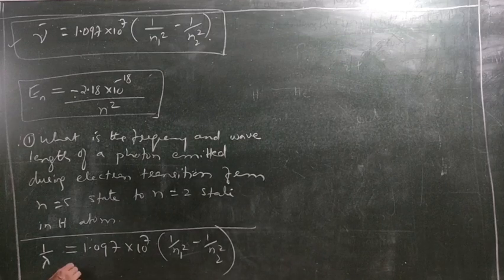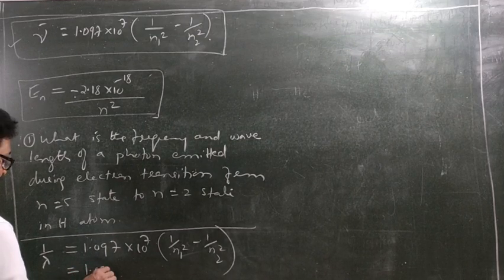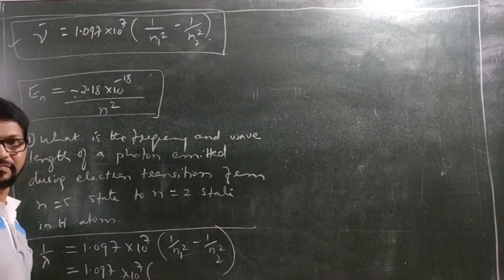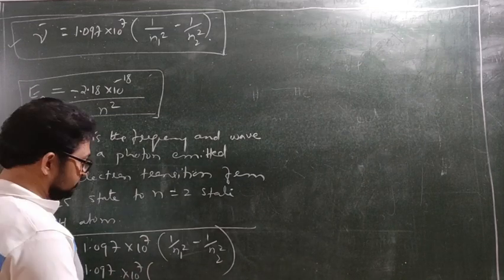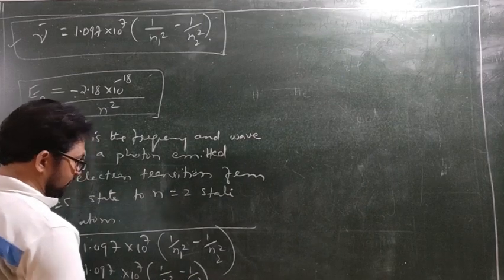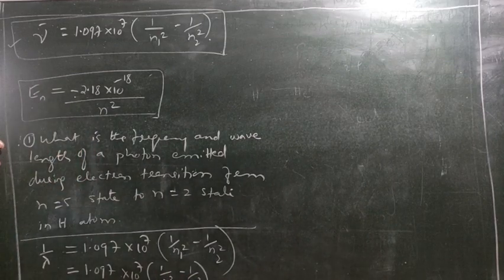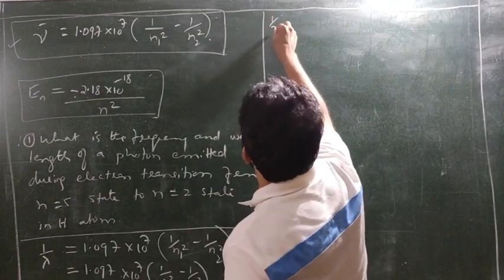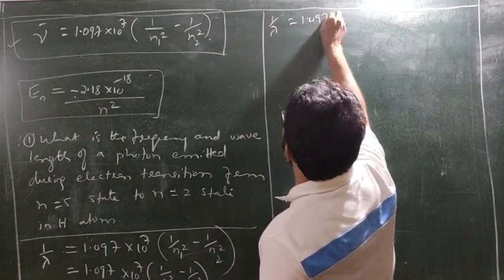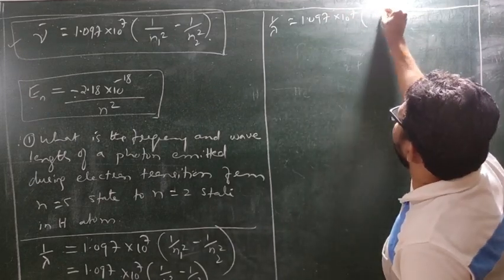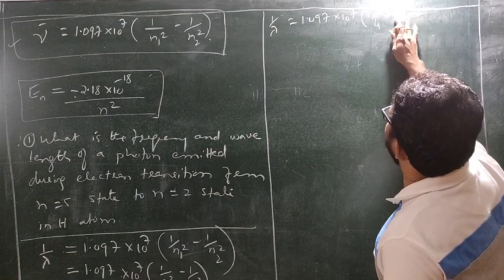Now, you substitute the values: 1.097 into 10 raised to 7 (1 by 2 square minus 1 by 5 square). Okay. 1 by lambda is equal to 1.097 into 10 raised to 7 (1 by 4 minus 1 by 25).